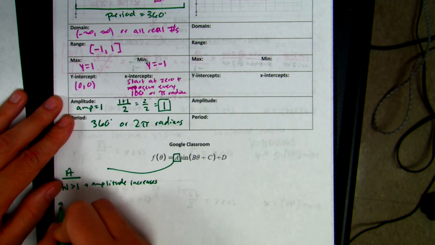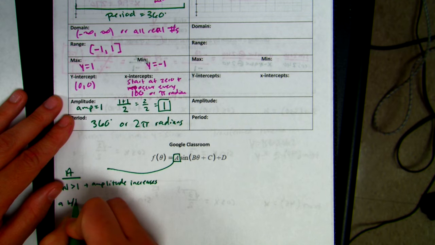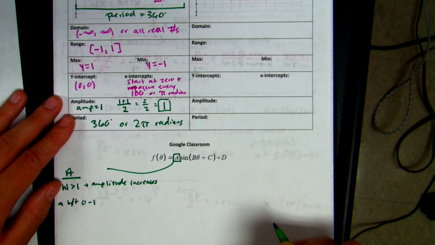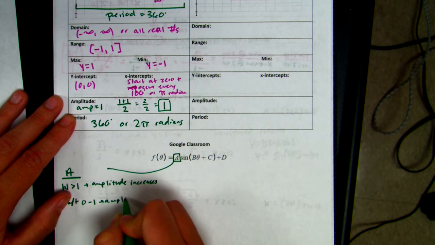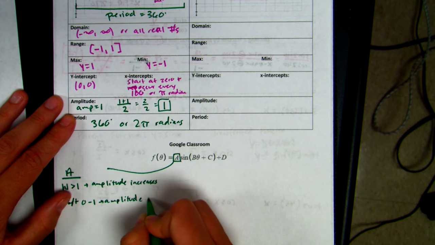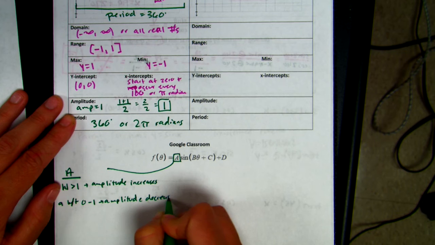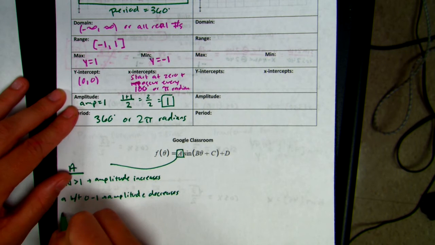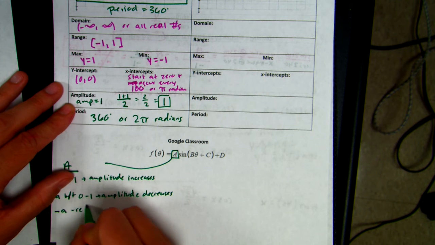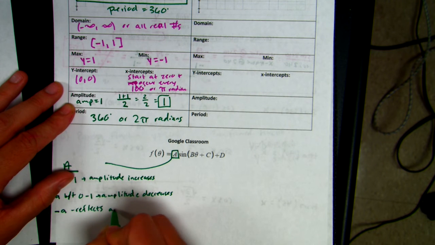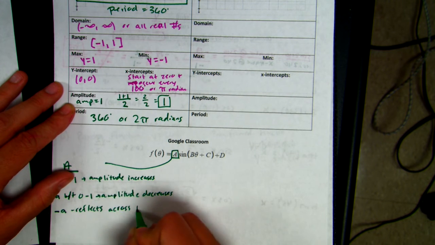If a is between 0 and 1, so if it is a decimal, your amplitude decreases. And if a is negative, your function reflects across the x-axis.